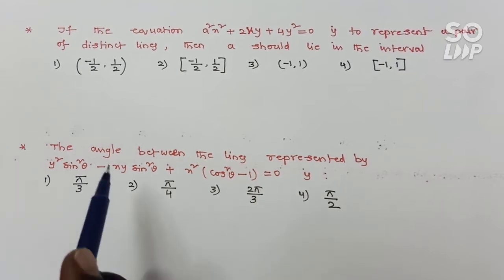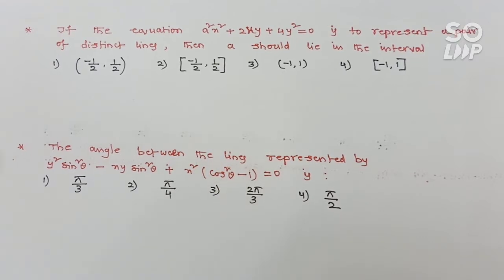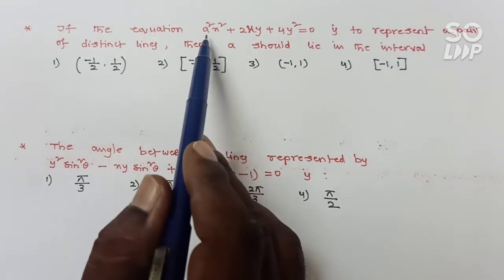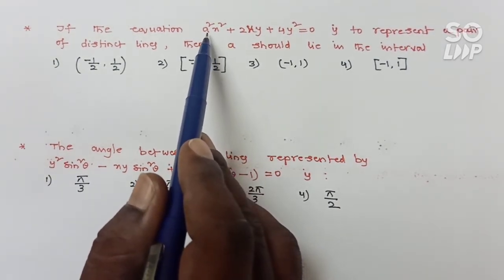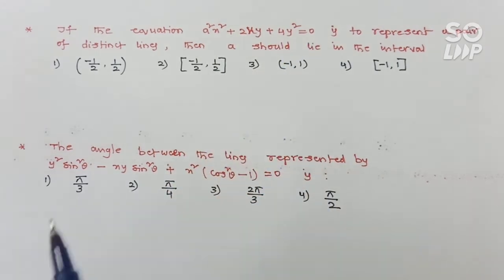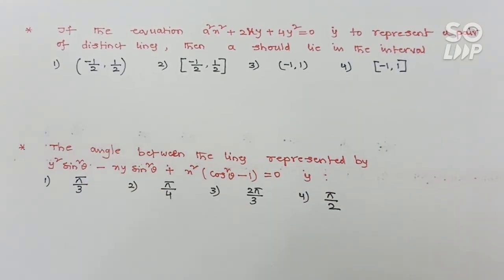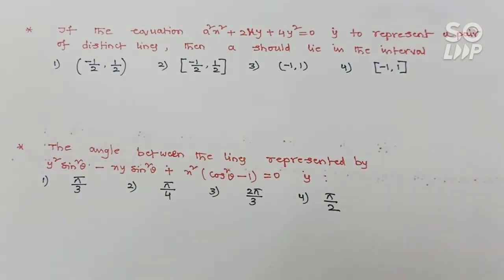See, this problem is completely based on the nature of the lines. We know that the given equation is in the form ax square plus 2hxy plus by square is equal to 0, representing a pair of lines. You know, already in the introduction of pair of straight lines, we discussed the nature of the lines.